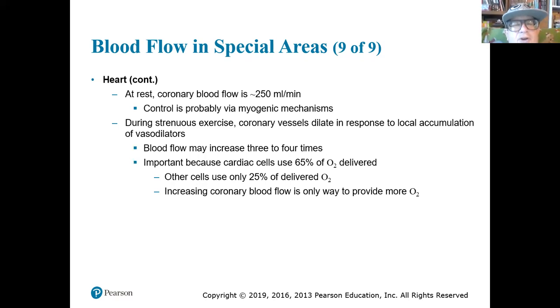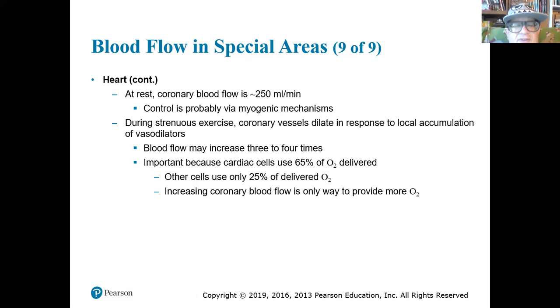At rest, coronary blood flow is probably 250 milliliters per minute, and the control is probably myogenic. During exercise, those vessels dilate because the heart is working harder, so it's needing more oxygen, so the heart needs more blood. Those vessels dilate, get 3 or 4 times as big as they were, and cardiac muscle cells are greedy for oxygen.